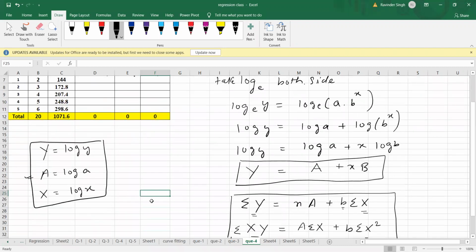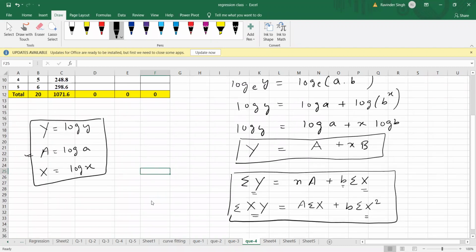So the normal equation turns out to be summation of y equals n times A plus capital B summation of small x, and summation of small x into capital Y equals A summation of small x plus capital B summation of x square.